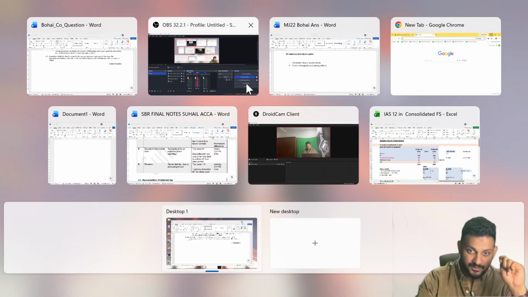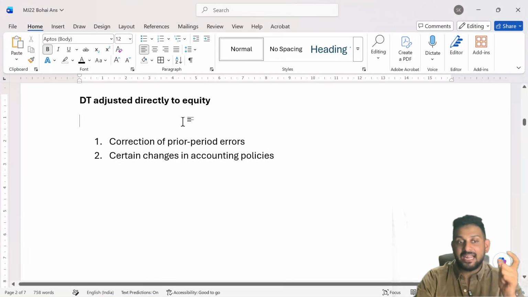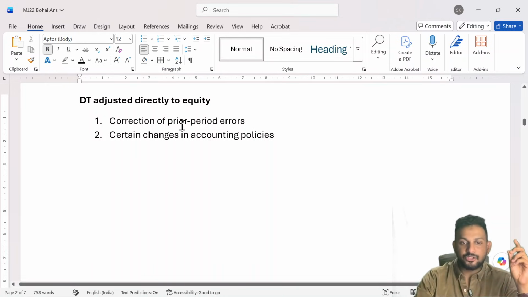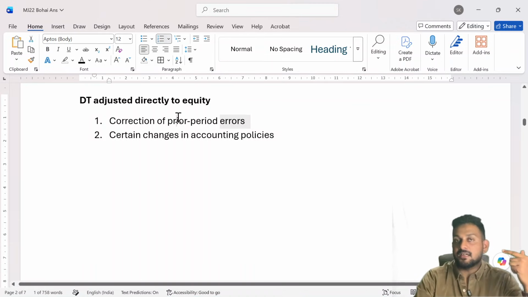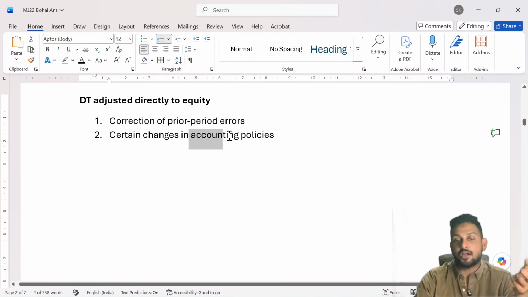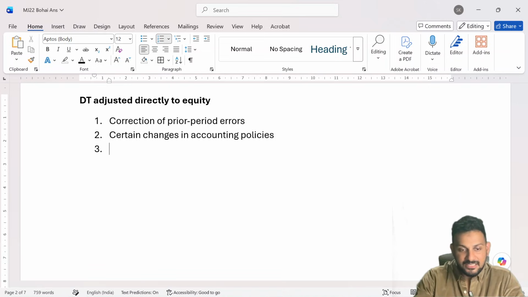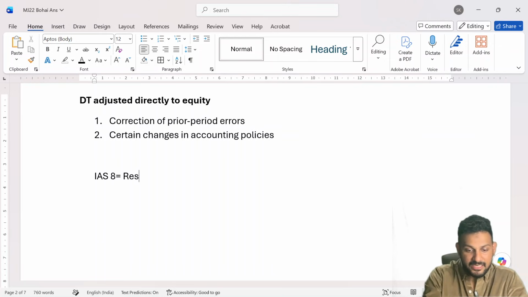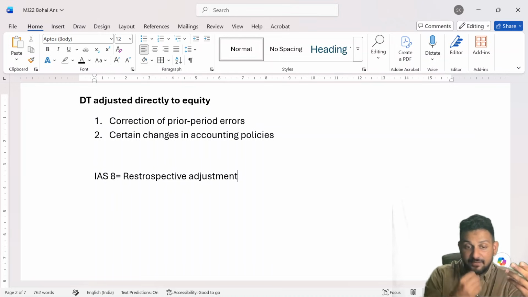There are two cases. This comes under basically IAS 8. As per IAS 8, when it comes to previous period errors, or when it comes to change in accounting policies, we have to adjust this. The adjustment will be a retrospective adjustment. Where will we make the retrospective adjustment?